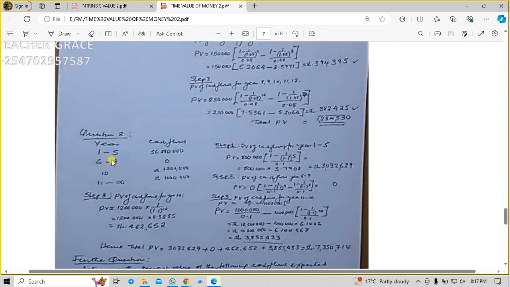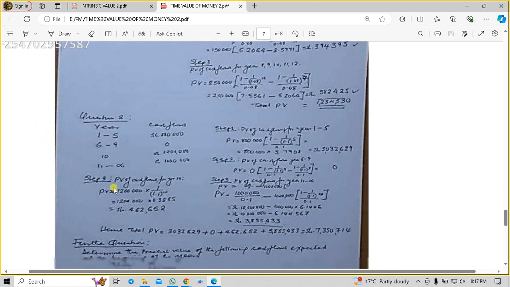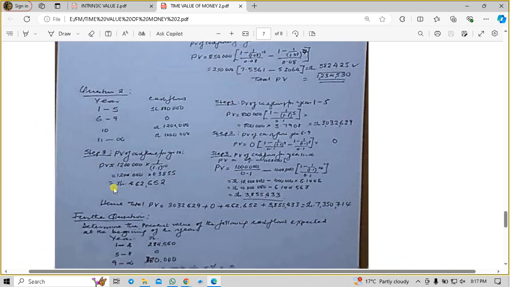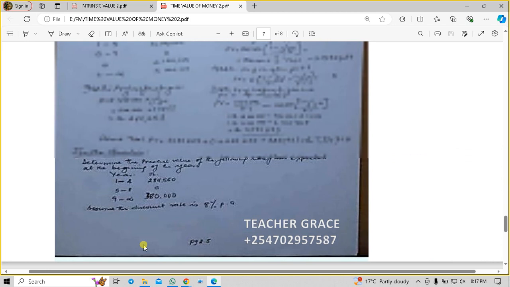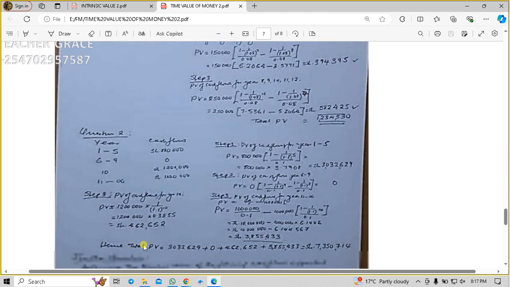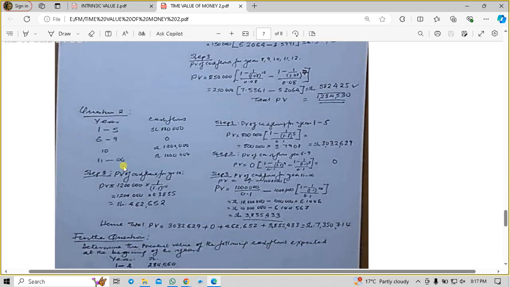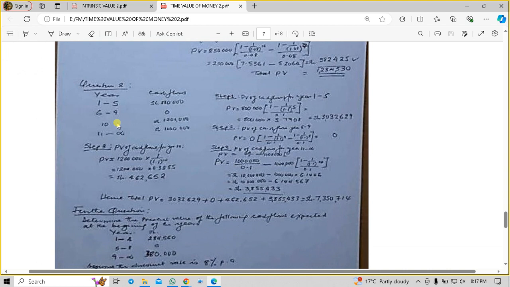Jared, you can be looking at this. If you are done, you can be looking at this other illustration. Maybe you can screenshot these two. You can screenshot this and this.